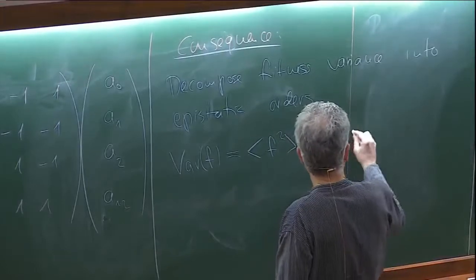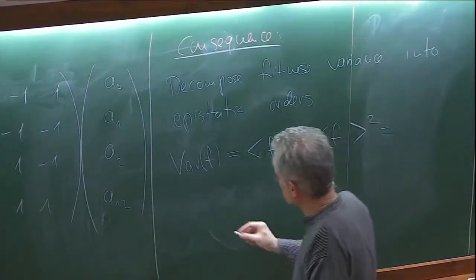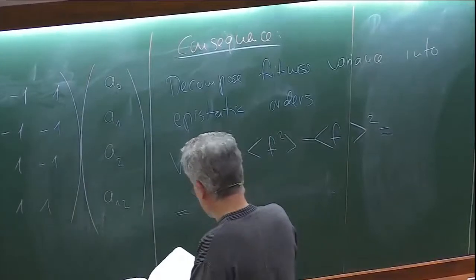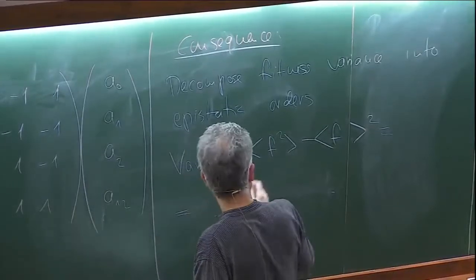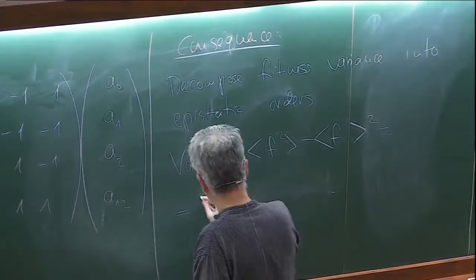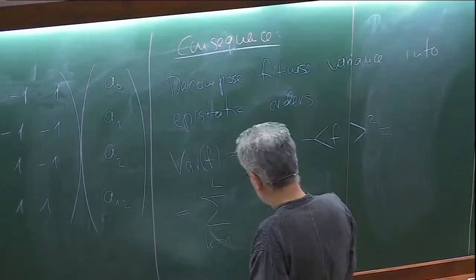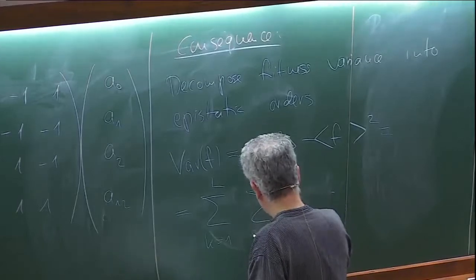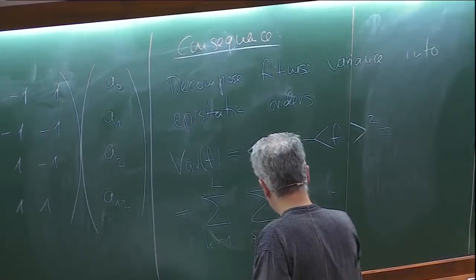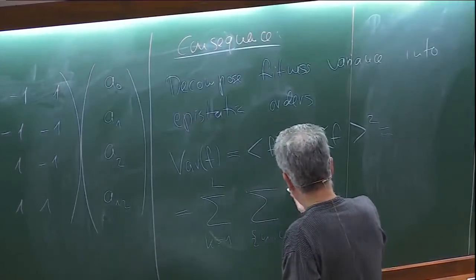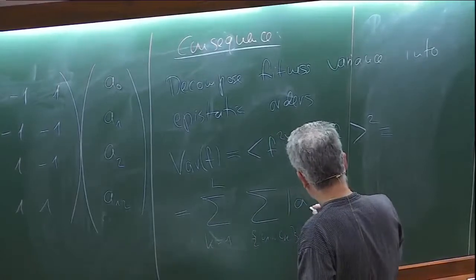So this is this thing, and this now decomposes in the following way. Here again we have all the subsets, and here we have these squares of these coefficients.